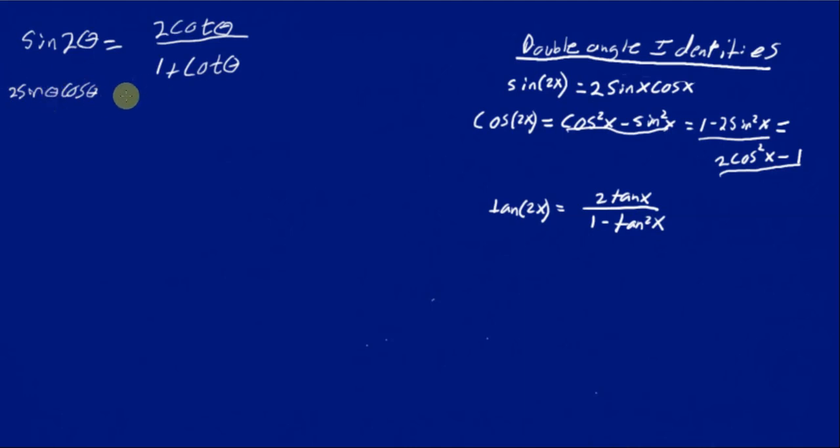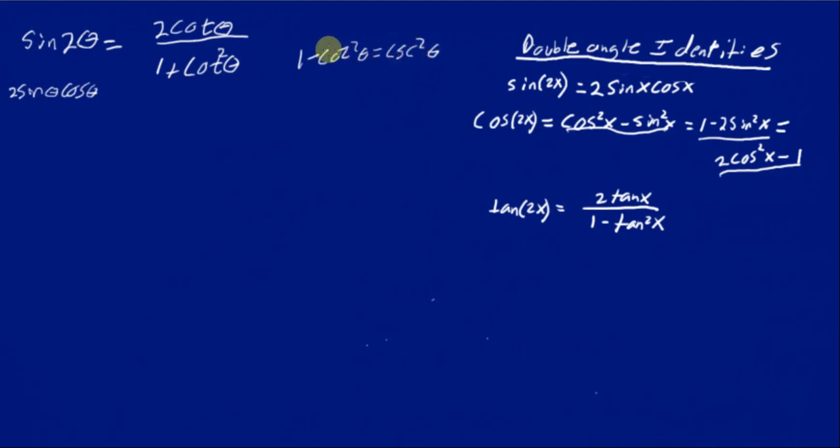So I'm going to look at the other side, and basically I'm going to try and turn that into the 2 sine theta cosine theta. Then I can go right to that. Looking at the right-hand side, 1 plus cotangent squared is a Pythagorean identity.